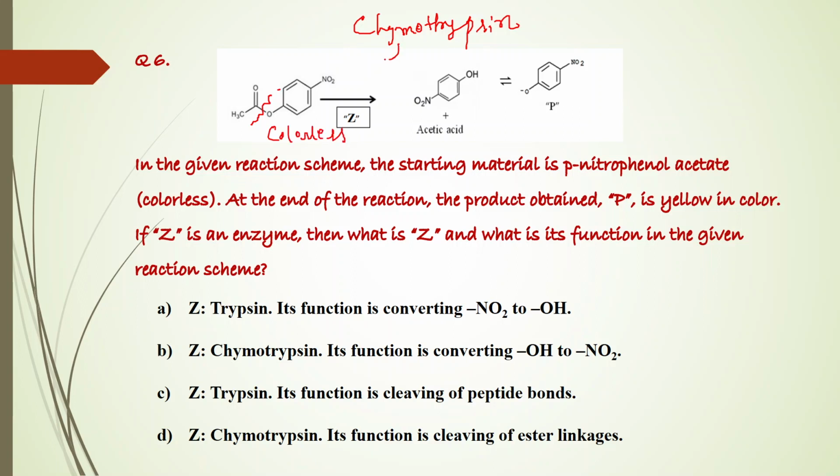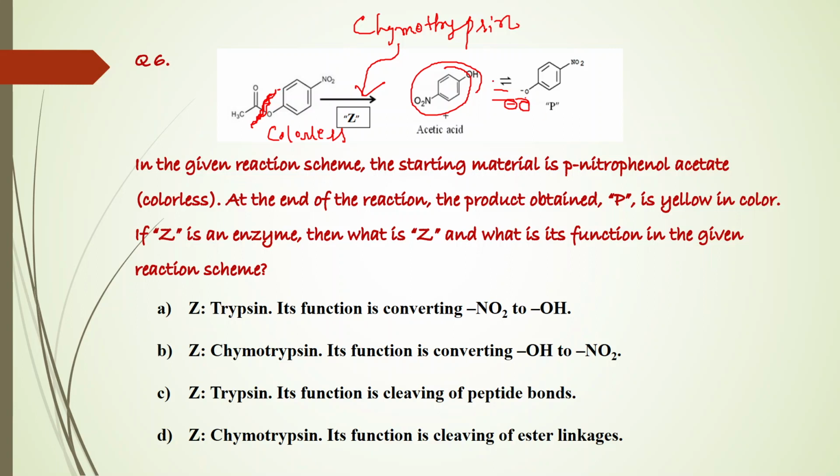If you add chymotrypsin to this colorless compound, we end up with the cleavage of the ester bond and formation of para-nitrophenol, which is in equilibrium with its deprotonated form, where the H plus is removed and you get O minus, or the alkoxy group.